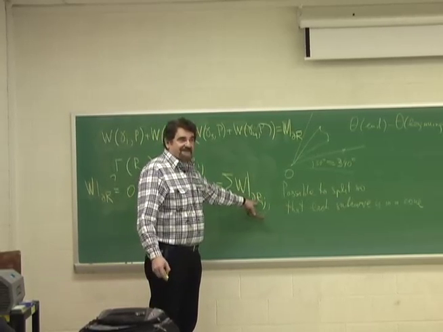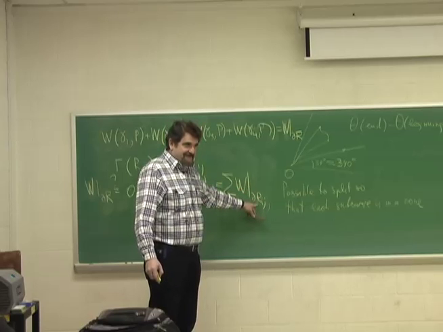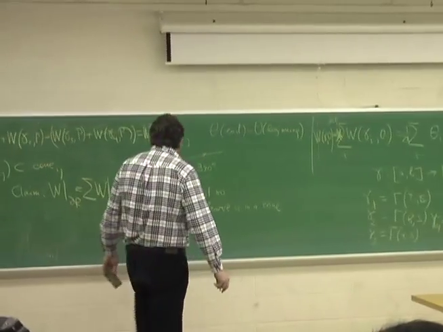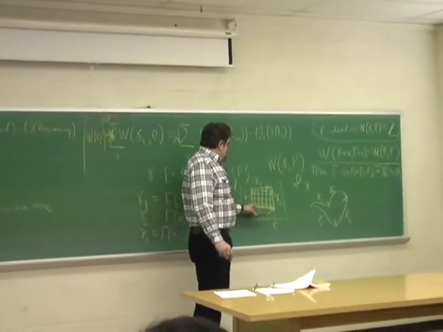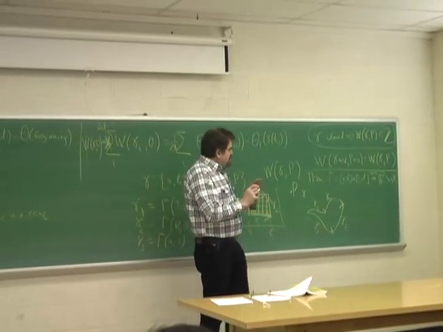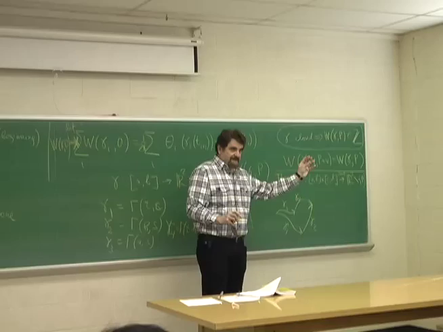These are small rectangles. Maybe it is easy to prove it for small rectangles. Correct? For the small rectangles, it is really easy. The rectangles are small enough so that the image of the whole rectangle is within a cone. Correct?